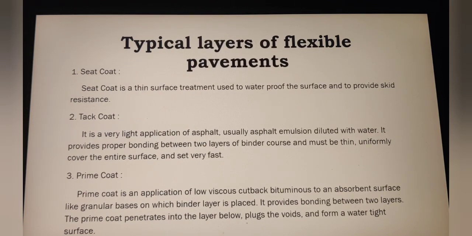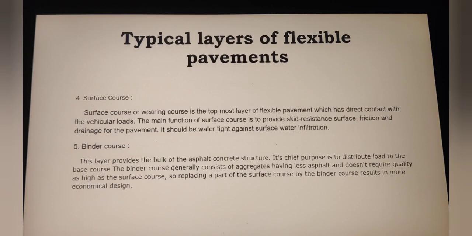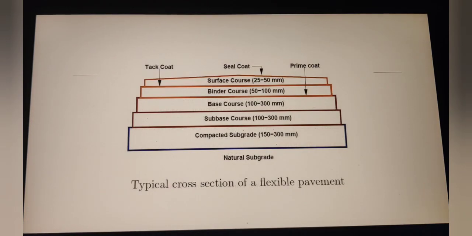And the last coat provided is the prime coat. Prime coat is an application of low viscous cutback bituminous material. It provides bonding between the layers. The prime coat is provided between the binder and the base course.